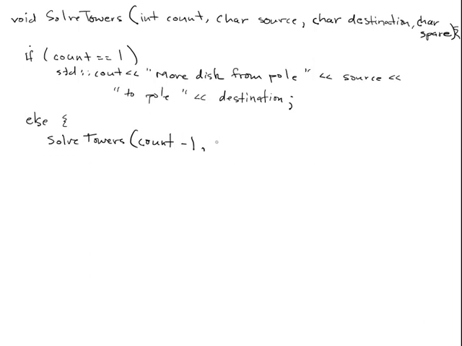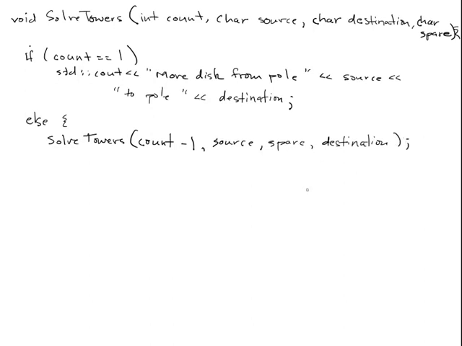We move it from the source that we were given. Now, what we want to do is, instead of moving it to the destination that we got passed in, we want the new destination to actually be that spare pole. So we do spare, and then we pass the destination.